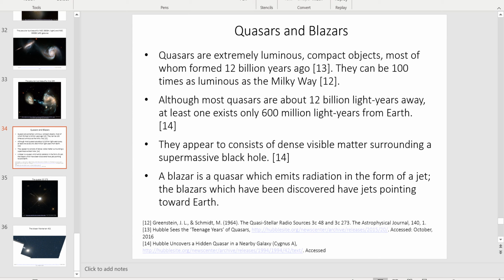They can be up to 100 times as luminous as the Milky Way galaxy. And they seem to consist of very dense visible matter surrounded by a supermassive black hole. A blazar is the same thing. It's a quasar which emits radiation in the form of a jet.